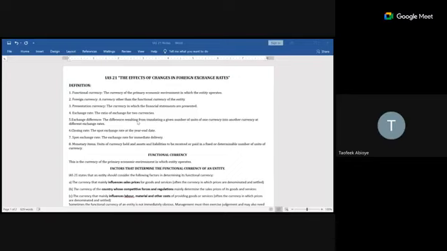Talking about the definition of terms, number one, functional currency. The standard says that functional currency is the currency of the primary economic environment in which an entity operates. Example, I'm a Nigerian company, my functional currency will be naira.